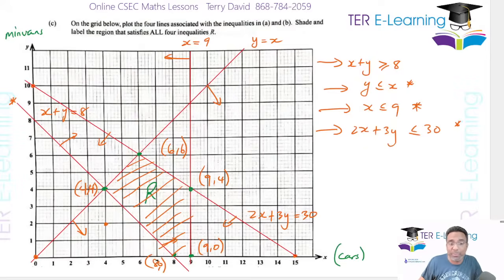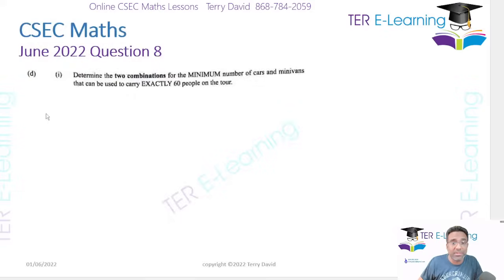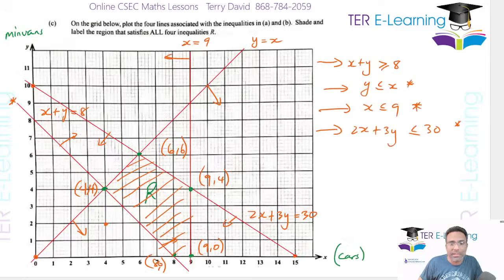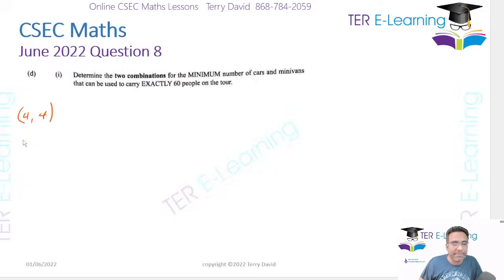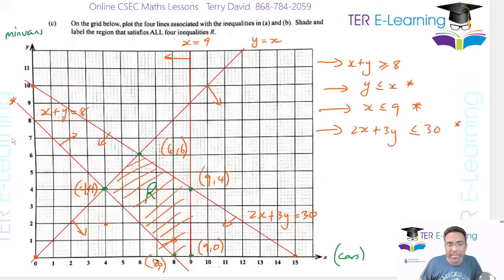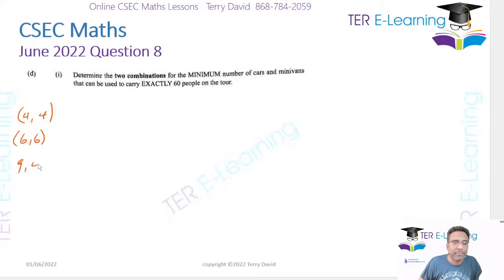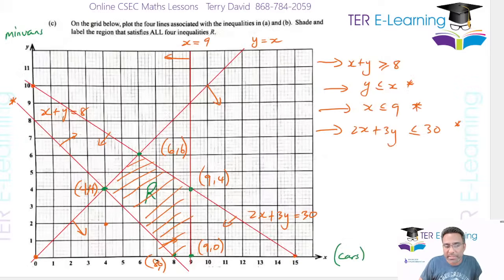We actually have 5 points to play with. So it's 4, 4. That's 1 point. Next one is 6, 6. The next one is 9, 4. And the next one is 9, 0 and then 8, 0.